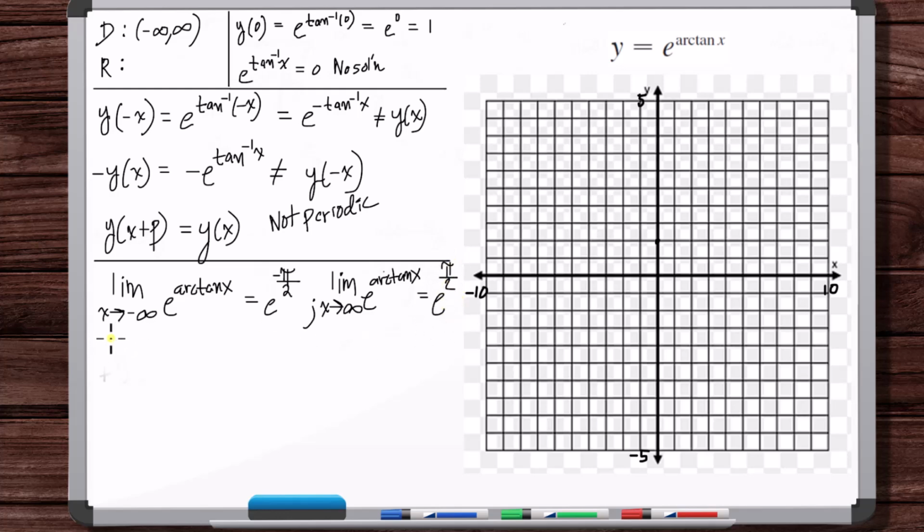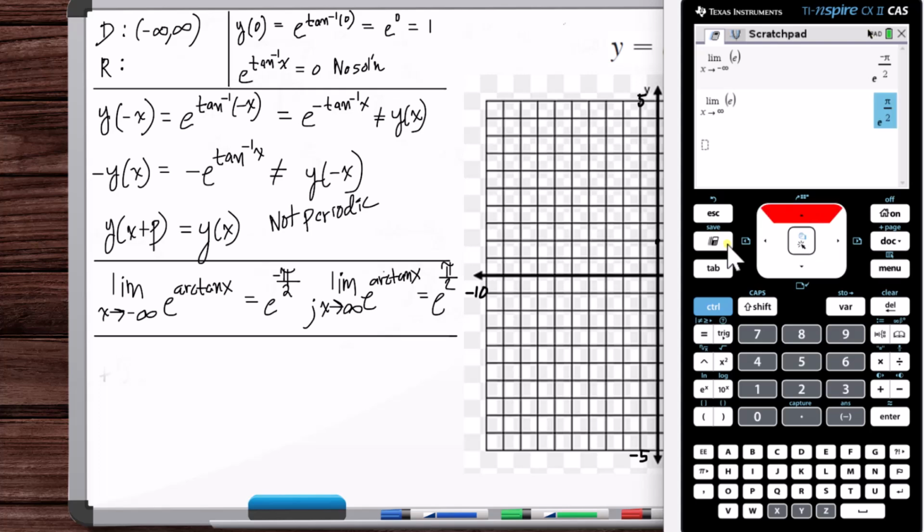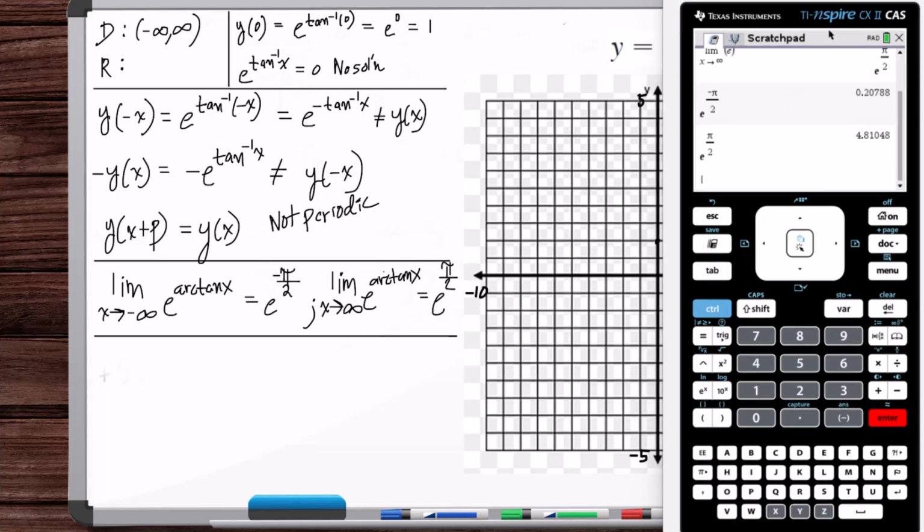All right, so what does this tell us? These are horizontal asymptotes, right? X is approaching positive or negative infinity, and the function is approaching a constant value. That's horizontal asymptotes. So what is e to the minus pi over 2? That's 0.21. What is e to the pi over 2? 4.8. So 0.21 and 4.8.